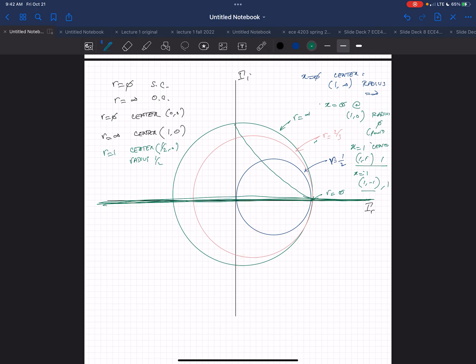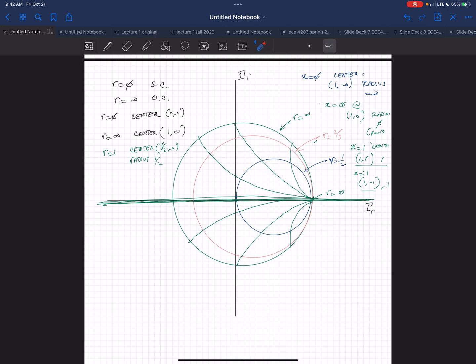So those are going to make circles, and if I just draw the part of the circles that overlap, they're kind of going to look like this. So I can keep drawing it for different values of x.